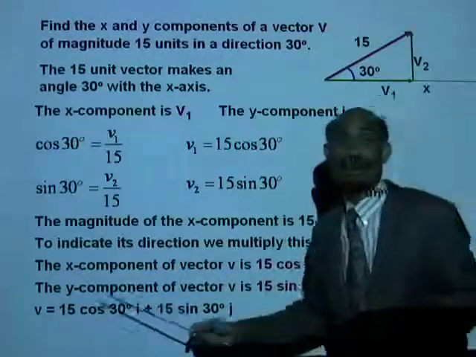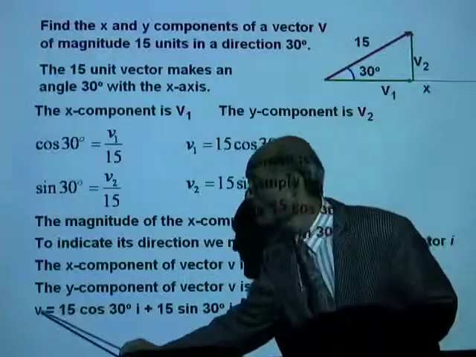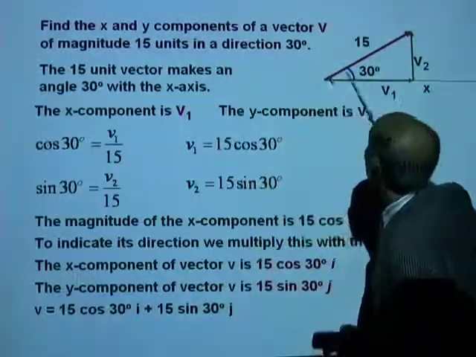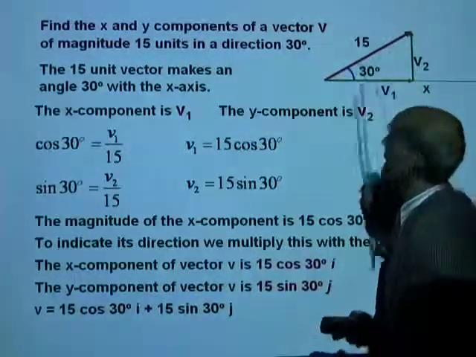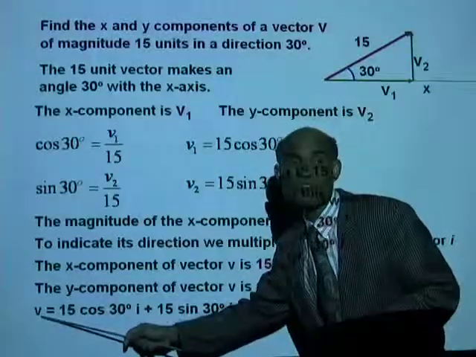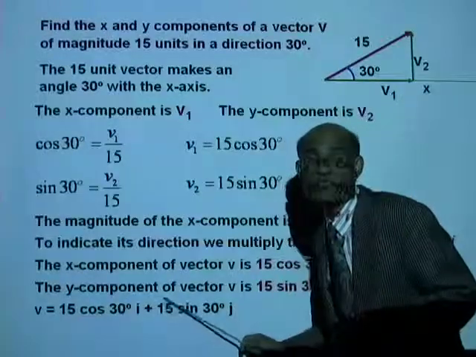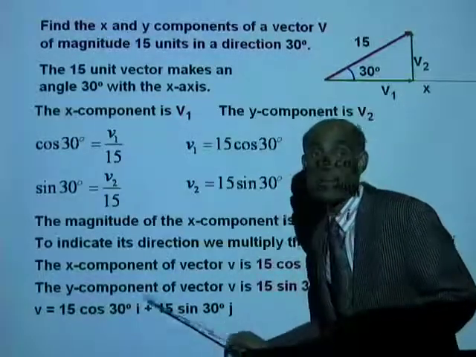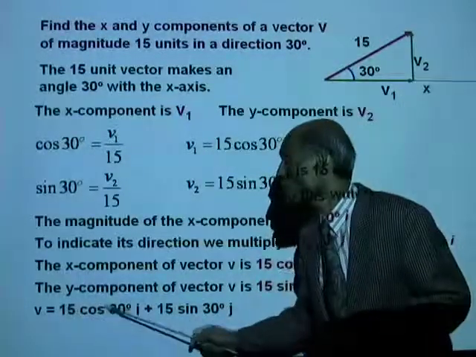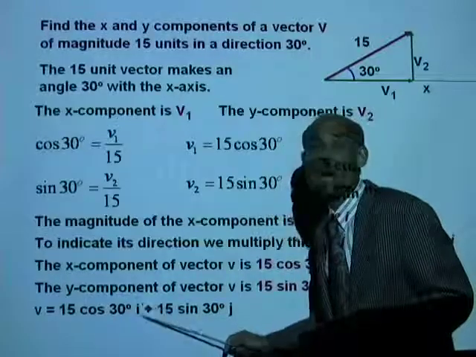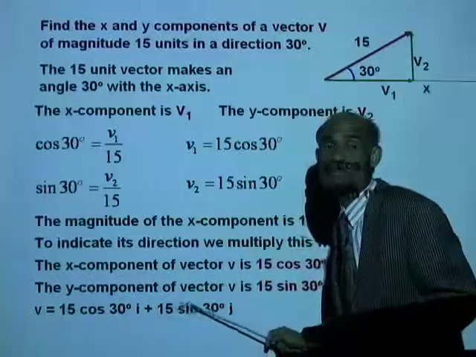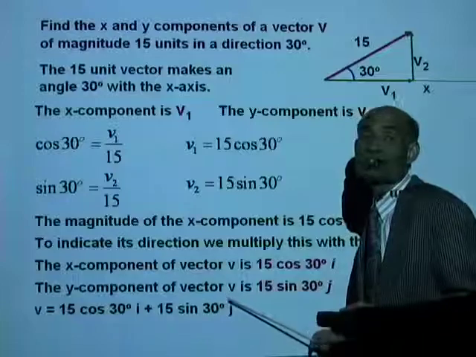And therefore, look at the way we write that vector v. This vector v is now written as the sum of its x and y components like this. It is 15 cos 30 degrees i plus 15 sine 30 degrees j.